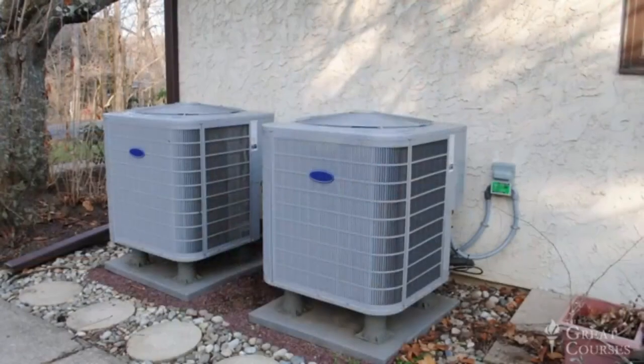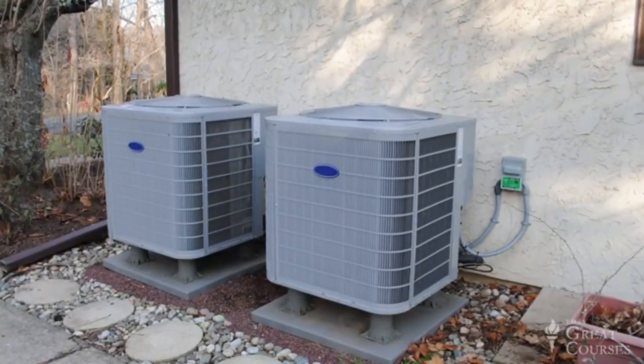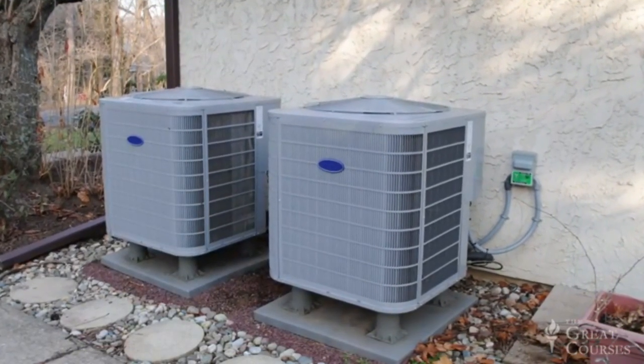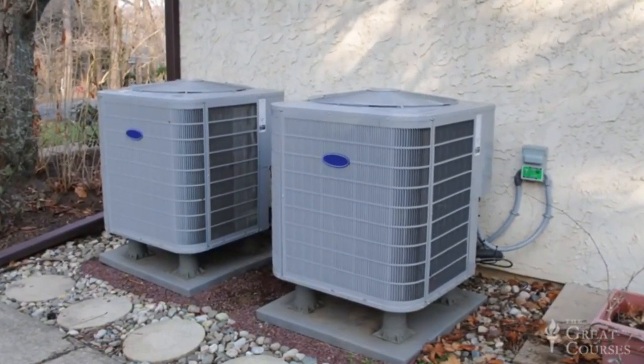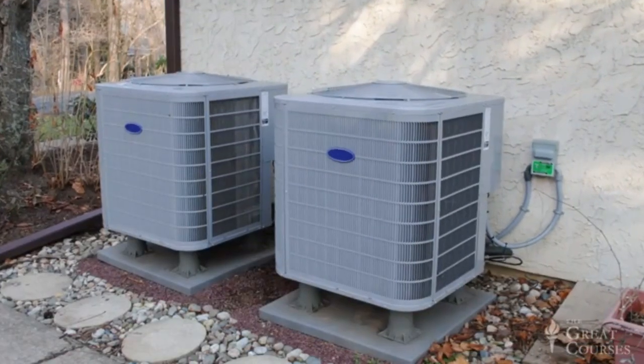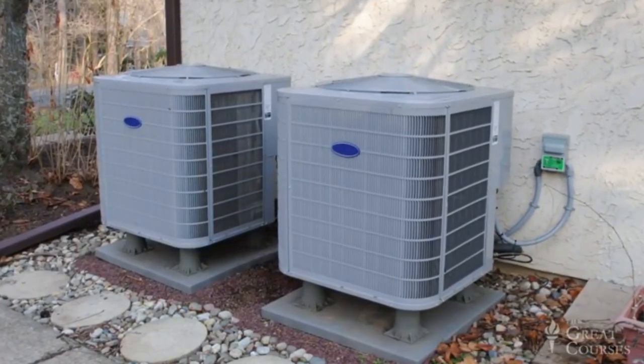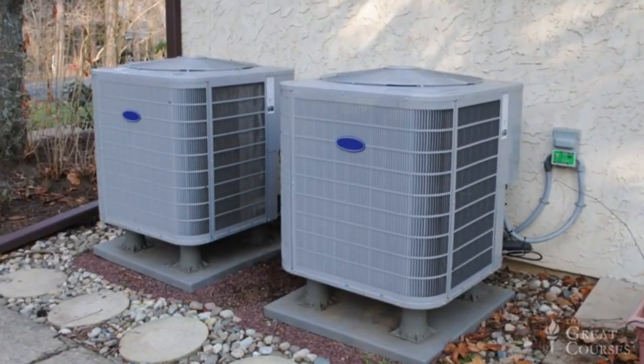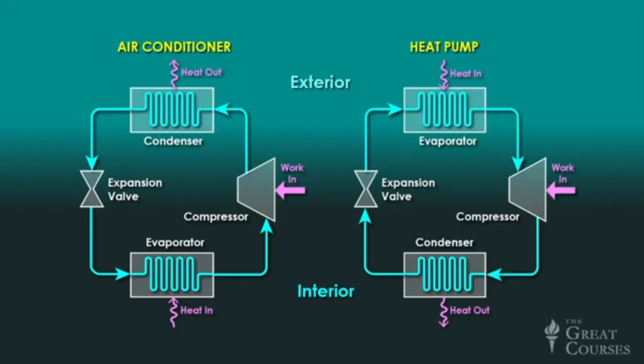Okay, now let's turn to our final form of home heating technology, the heat pump. In the previous lecture, I noted that the heat pump is essentially an air conditioner that's been turned inside out. But what does this really mean? Well, in an air conditioner, the condenser, which transfers heat from the refrigerant into the warm region, must be oriented toward the exterior of the house.